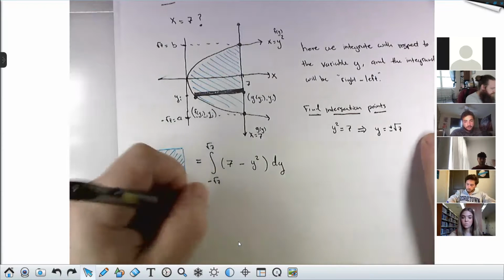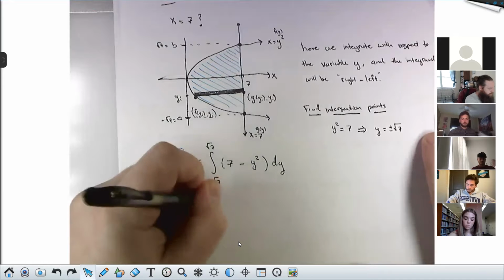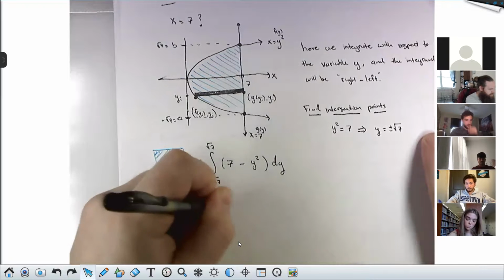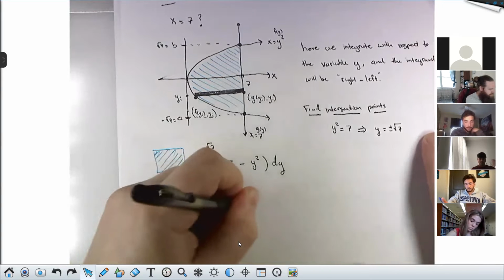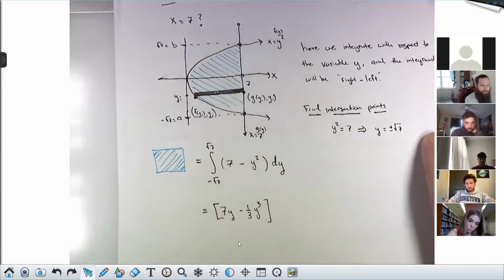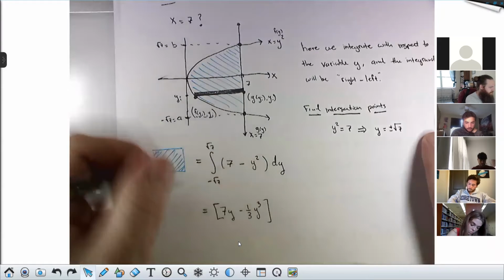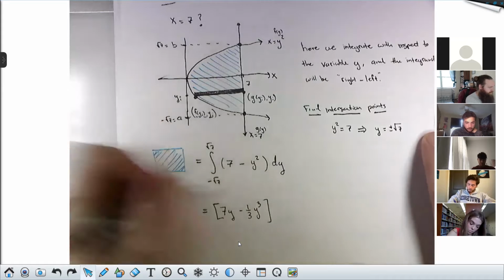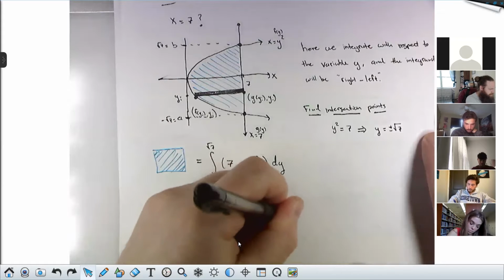How do we do the integral? Well, that's not hard. The fundamental theorem of calculus says find your antiderivative. Both of these follow from the power rule. And if you wanted to, you could make use of some symmetry. I won't do that this time, but eventually we will.